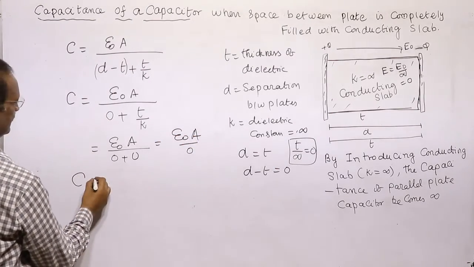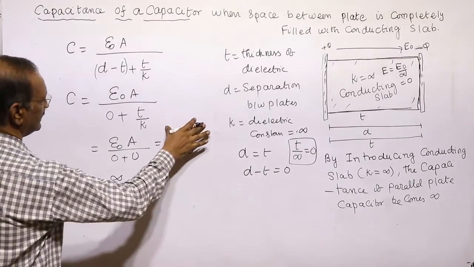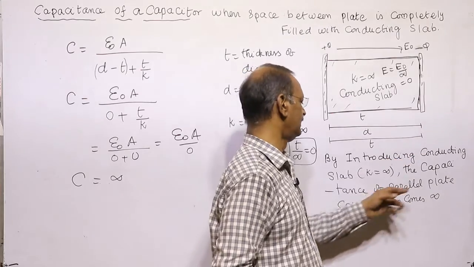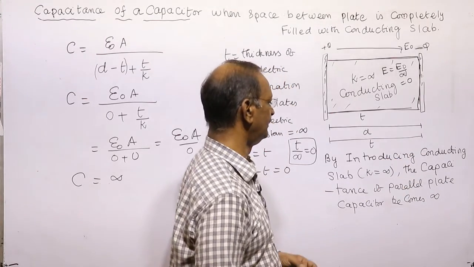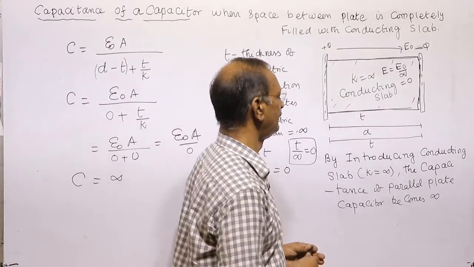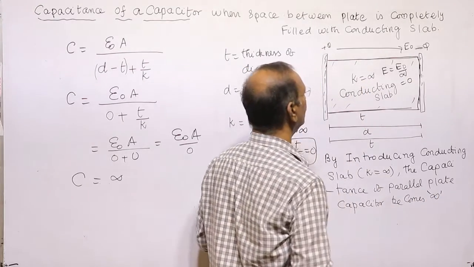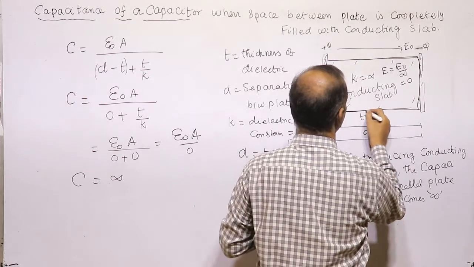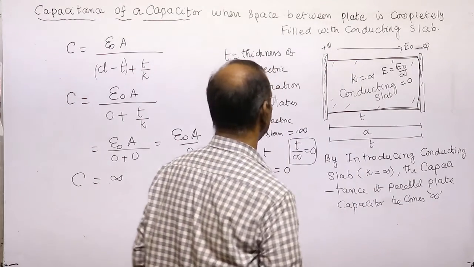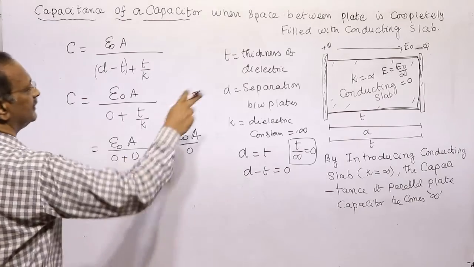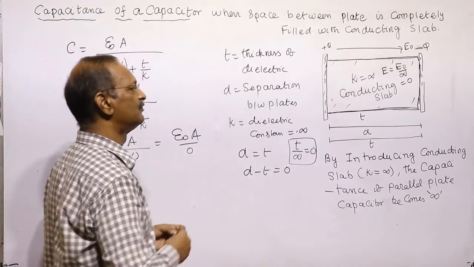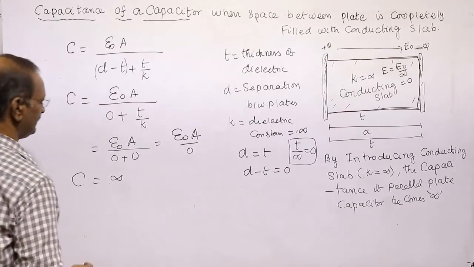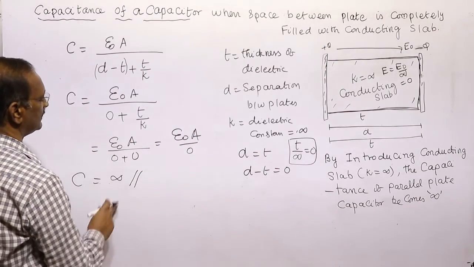So in this case C is equal to infinity, because anything divided by 0 is infinity. Therefore, by introducing a conducting slab fully occupying the entire distance between the plates, the capacitance of the parallel plate capacitor becomes infinity.